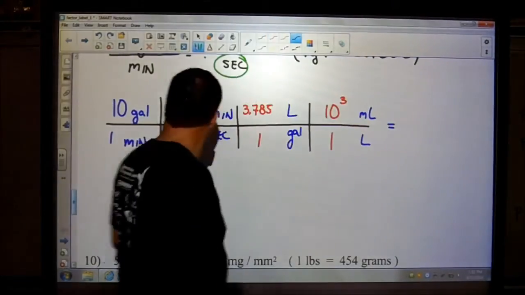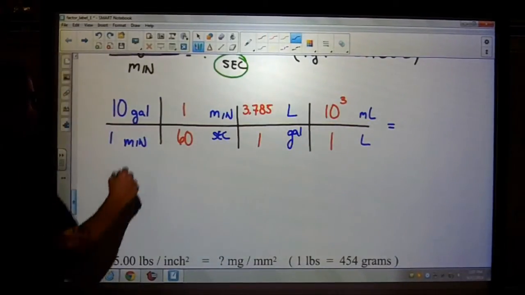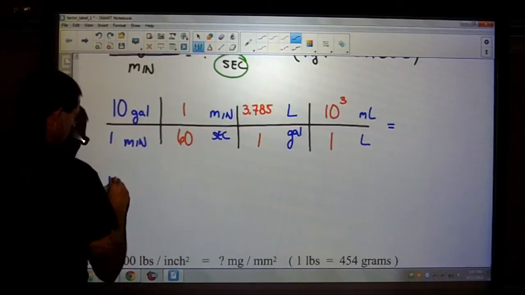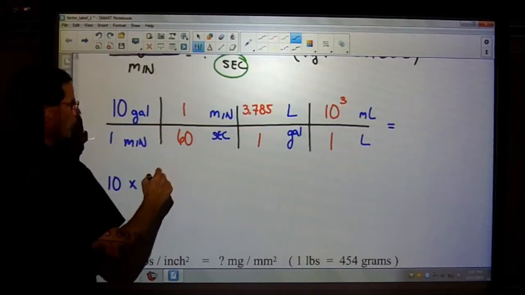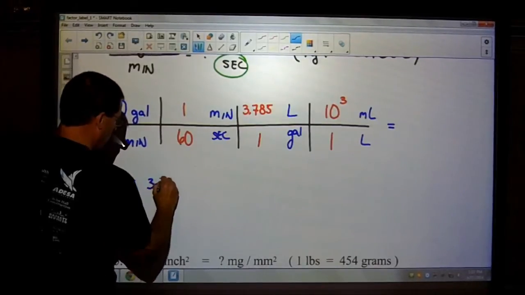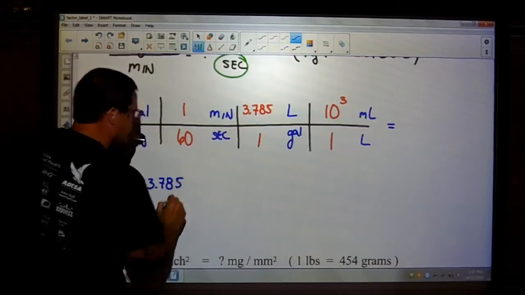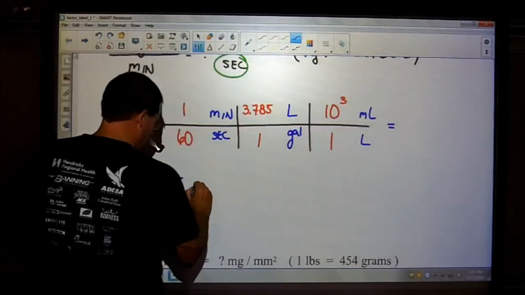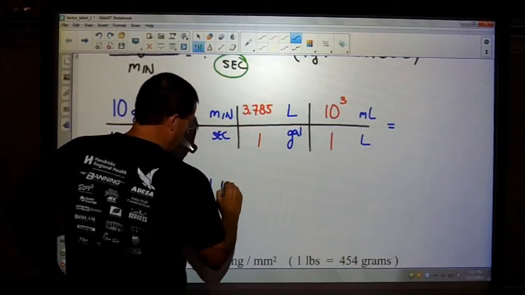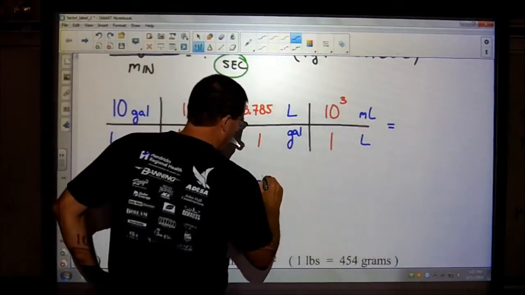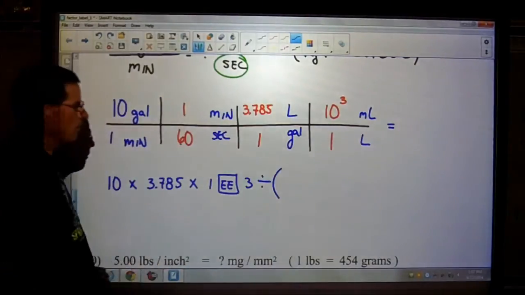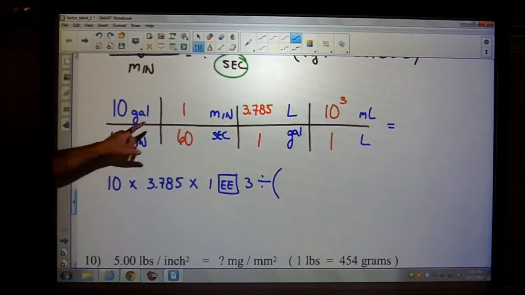All right, so the way that I would type this in on the calculator, I would do 10 times 1, but I'm not going to type 1. If you want to type 1, that's fine. Times 3.785 times 10^3 divided by, now I got to type 1, 60.